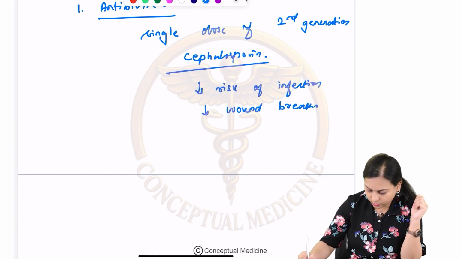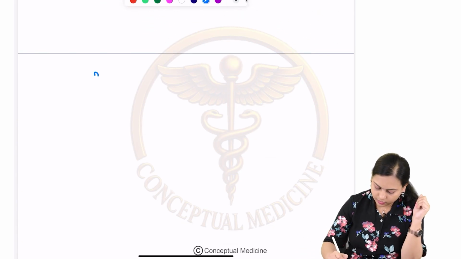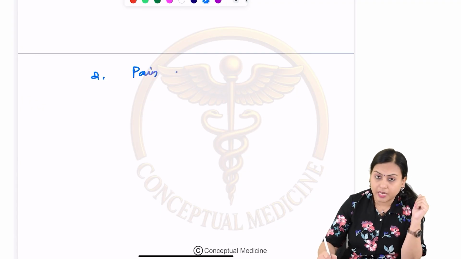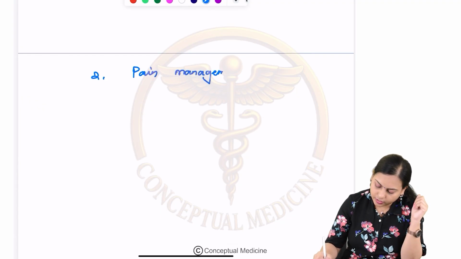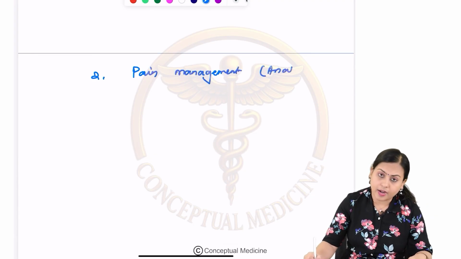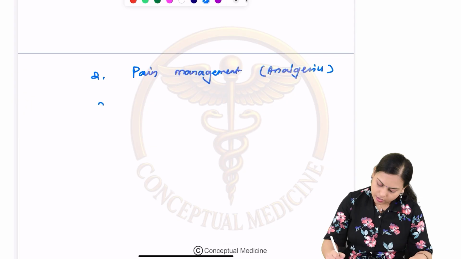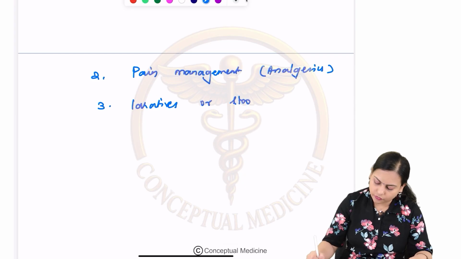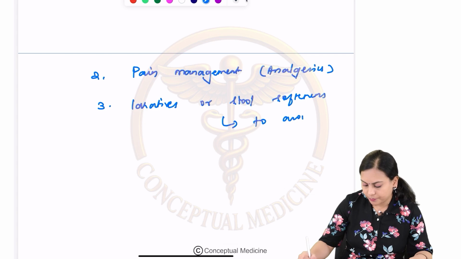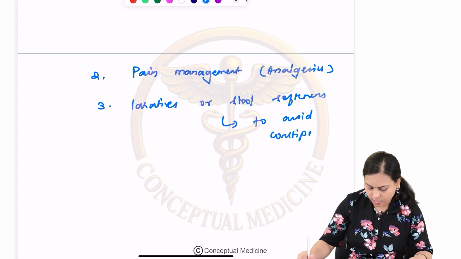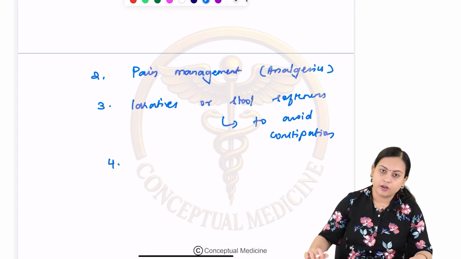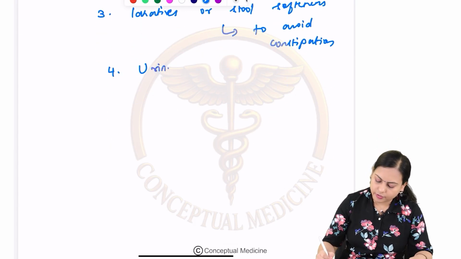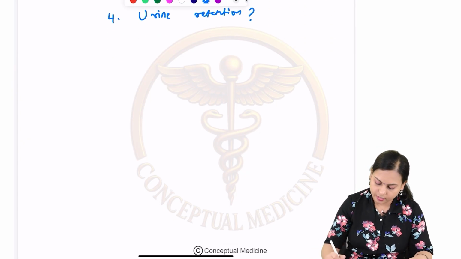Then you have to do pain management, that is, give analgesics. You have to put the patient on laxatives or stool softeners as well to avoid constipation. And finally, don't ever forget to monitor for urine retention as well. Clear? Right.